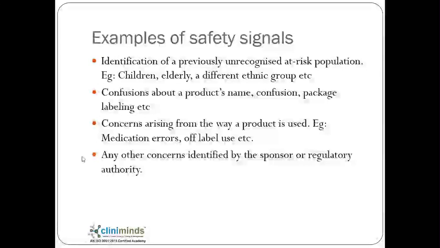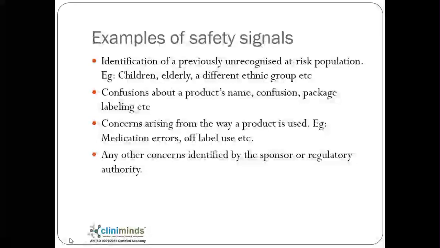This is a continuation. Any identification of a previously unrecognized at-risk population, a special population like children, elderly, or a different ethnic group, etc. And confusion about a product name or package labeling. These come under product quality or manufacturing defects, and even that can qualify as a signal.